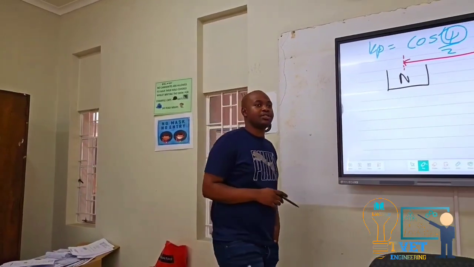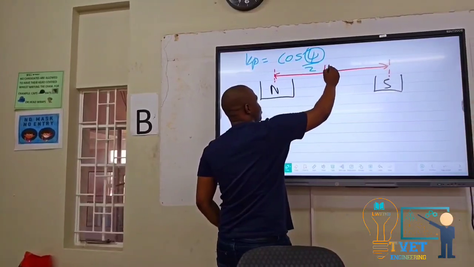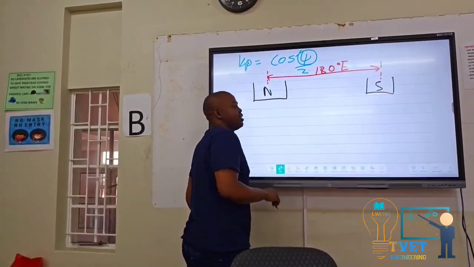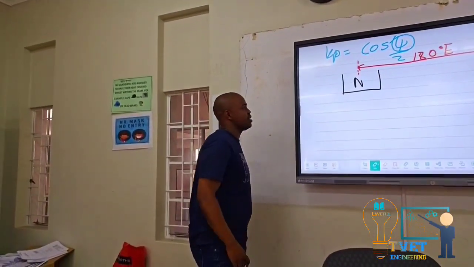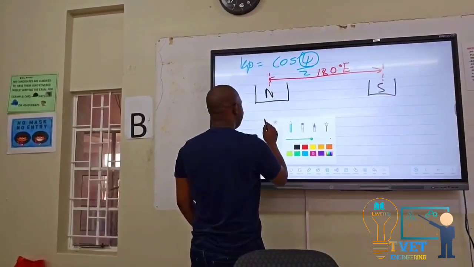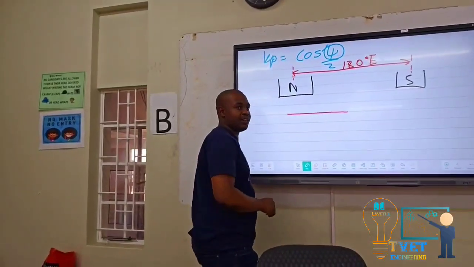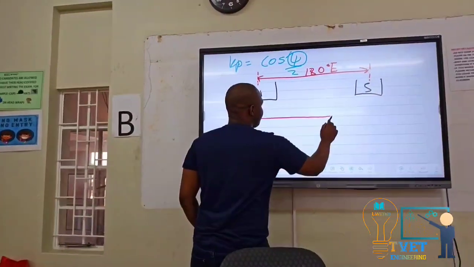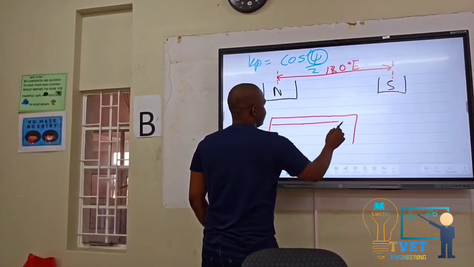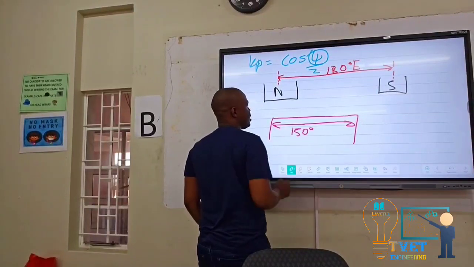That is the pole pitch, and the pole pitch is always equal to 180 electrical degrees. Now, the coil span is the angle between the sides of a coil. The coil span is 150 degrees.